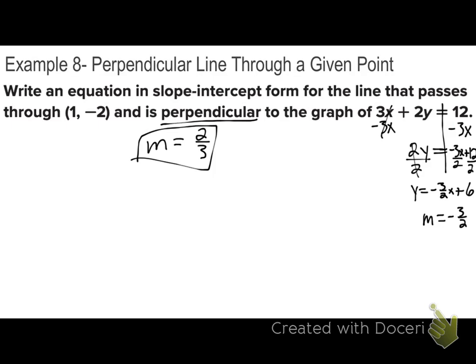From here, we now have a point and we have a slope, so we can either use slope-intercept form or point-slope form to help us create our equation. What form does it want our final answer in? Slope-intercept form, y equals mx plus b.